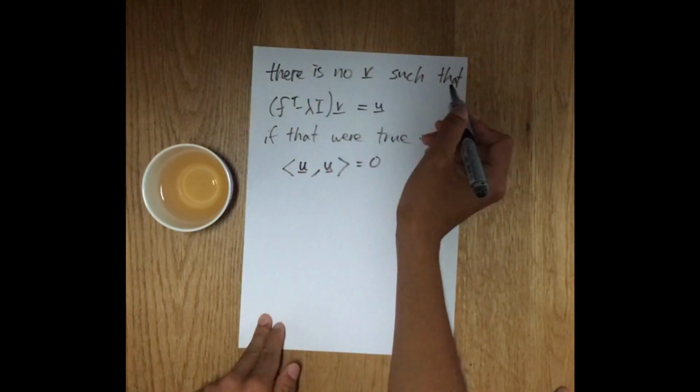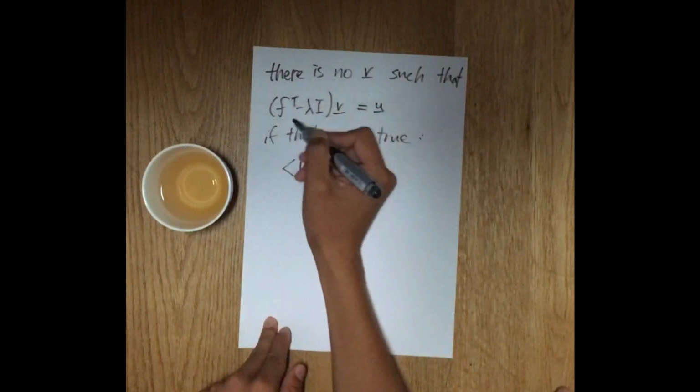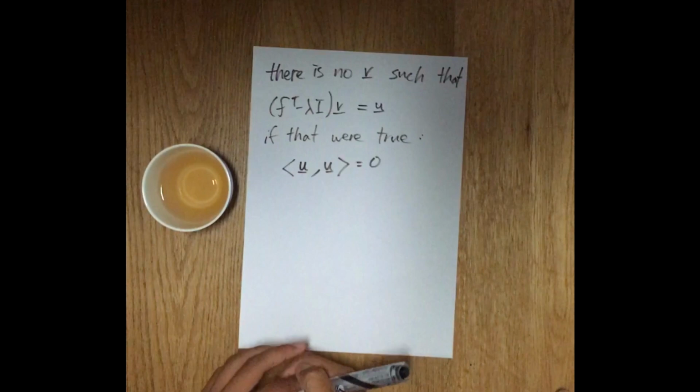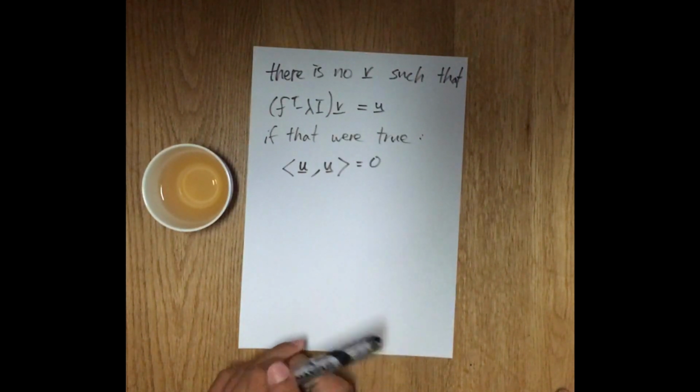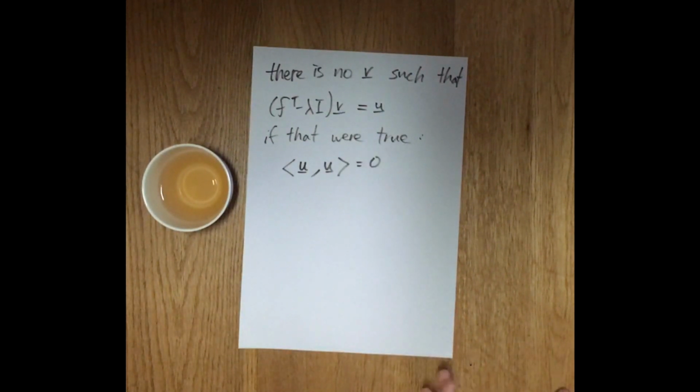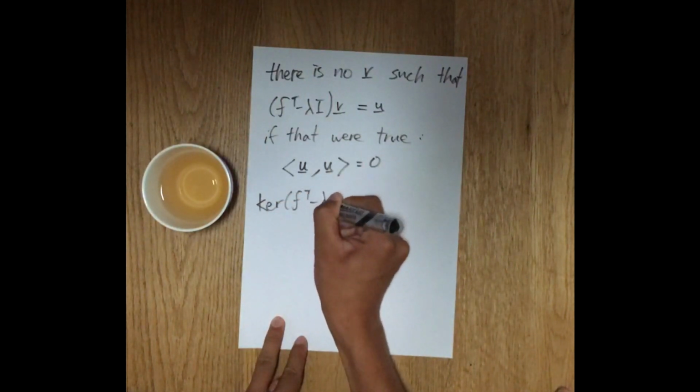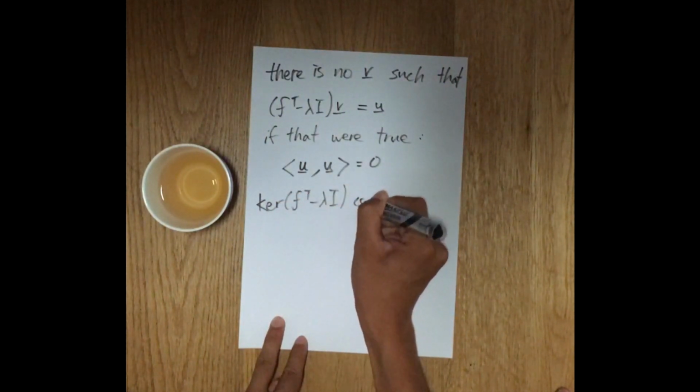So there is no V. So U is not in the image of F transpose minus lambda I. Now, we could do a variety of different equivalent linear algebra approaches to show that this implies the kernel of F transpose minus lambda I contains a non-zero vector.